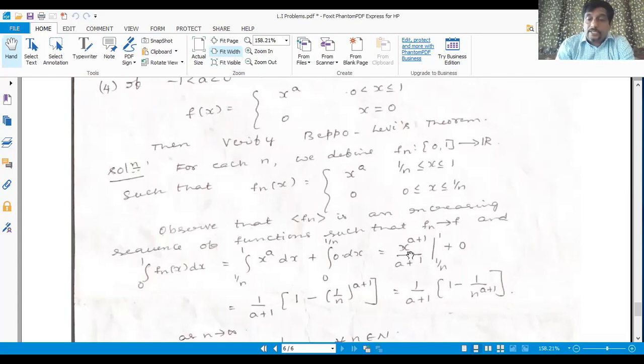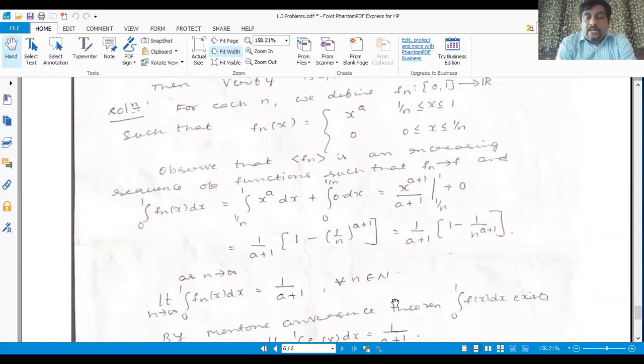Then apply the limits in place of x: substituting 1 and 1/n, 1/(a+1) is a constant, times 1 minus (1/n)^(a+1).